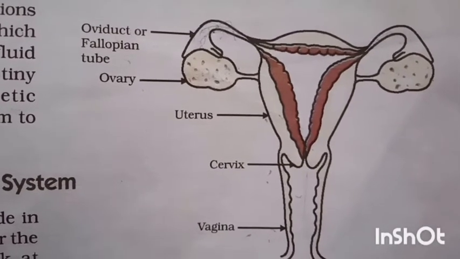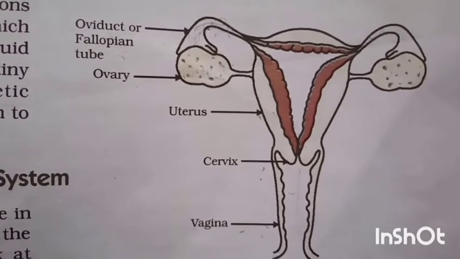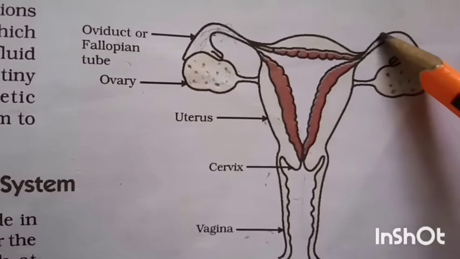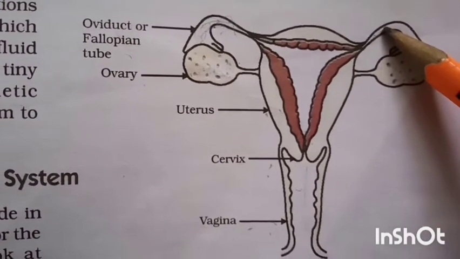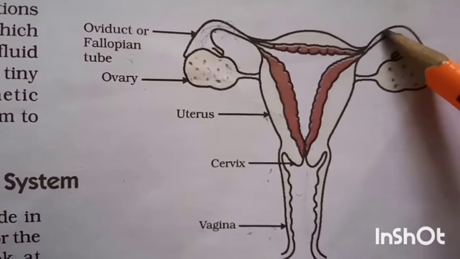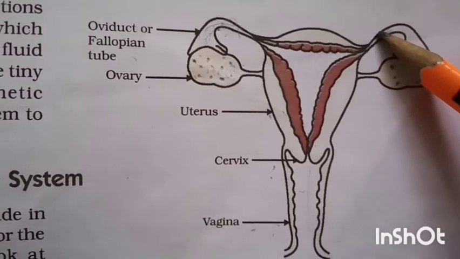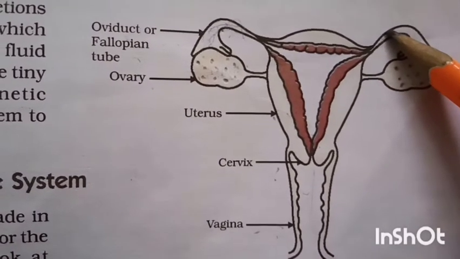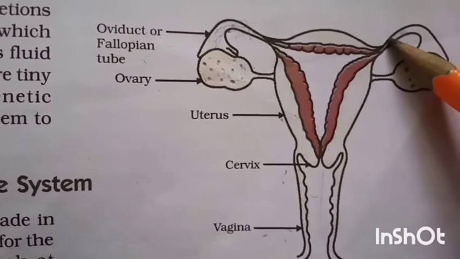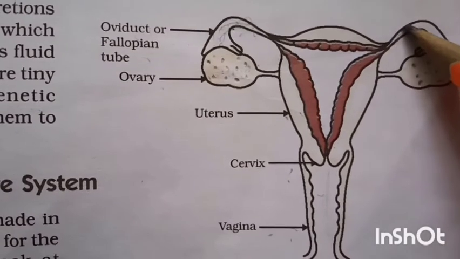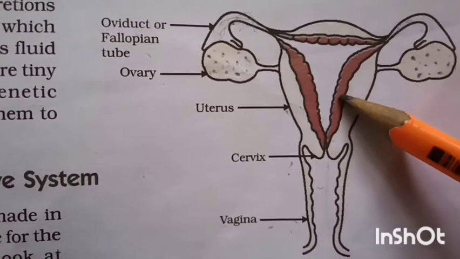Then what is the byproduct of this fertilization? Yes, zygote. Zygote is a single cell. So, after the fusion of male and female gamete, it forms a single cell called zygote. The next step is cell division. That single cell undergoes cell division and forms a mass of cells. And this mass of cells moves towards the uterus.